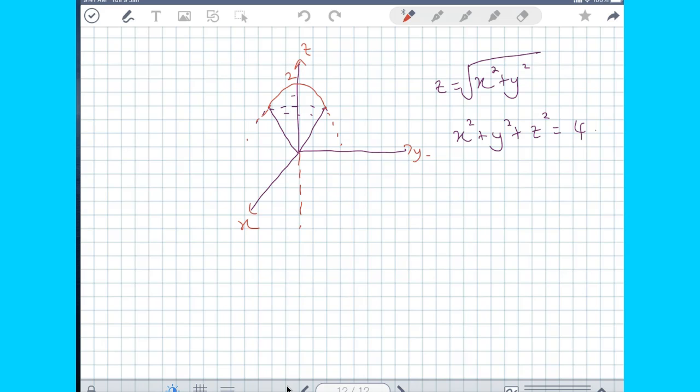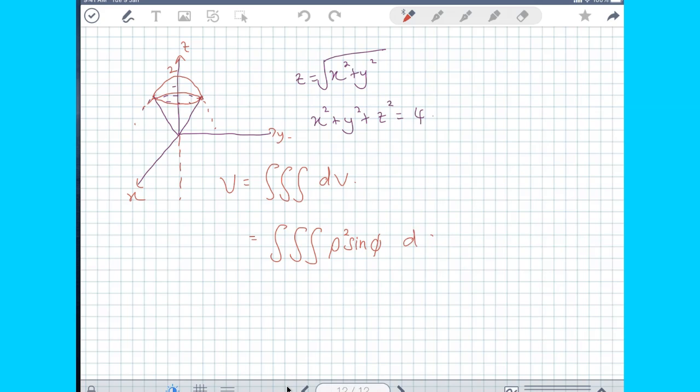So if you're talking about the phi, let's say we want to get the volume, then our formula is this one, and your formula is rho squared sine phi d rho d phi d theta.